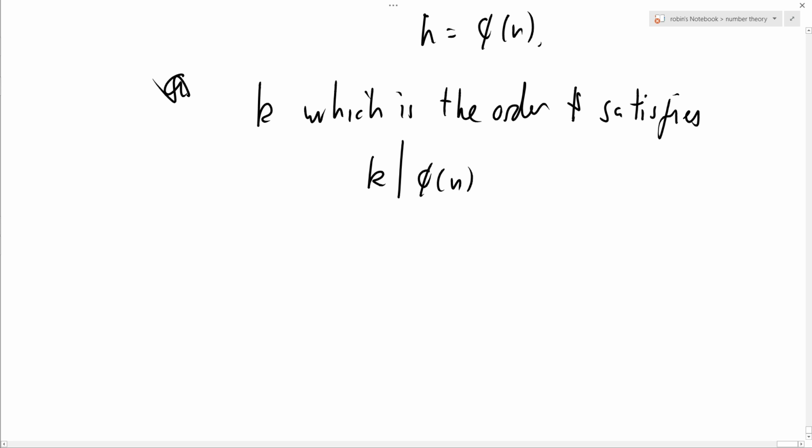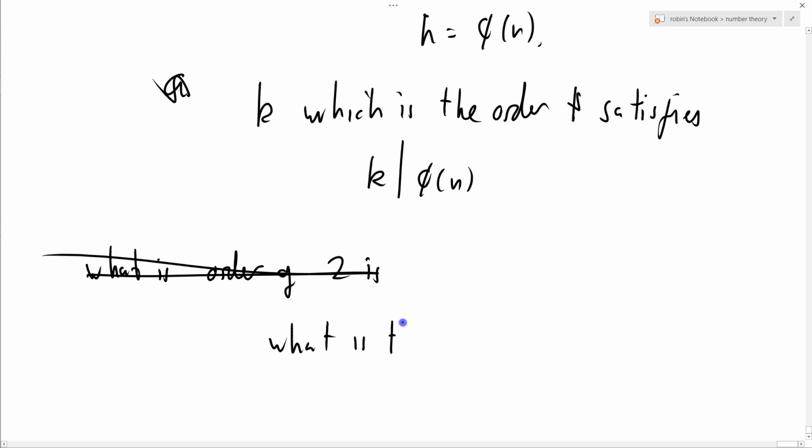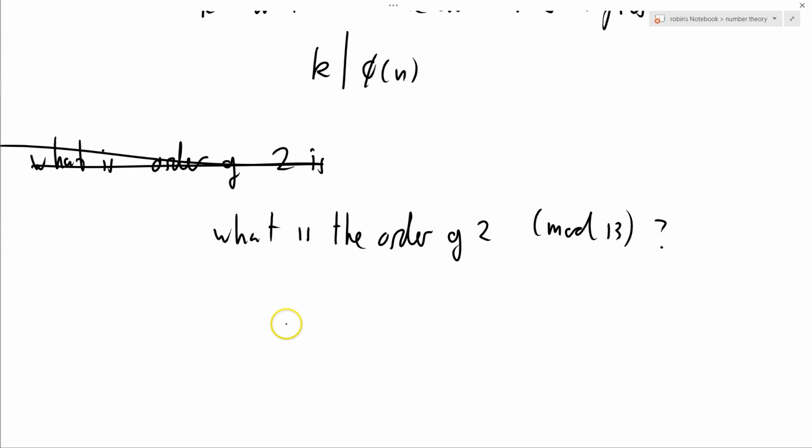Let's work out what the order of 2 modulo 13 is. Well, we know that 2 to the power 12 equals 1 modulo 13.